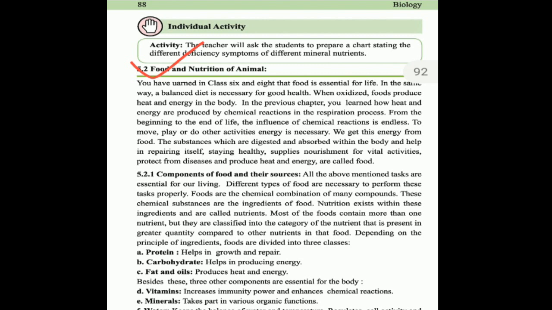So now I am going to describe the animal part of nutrition and the different kinds of molecules which are necessary for growth and also cell division.